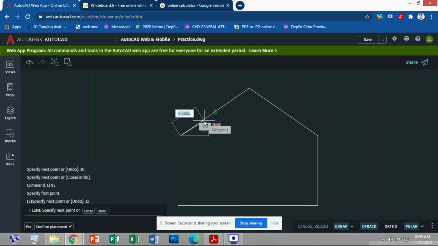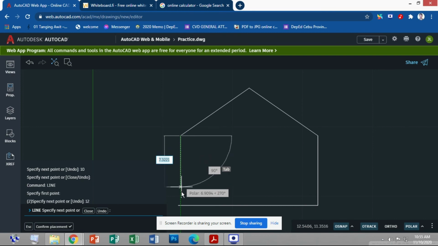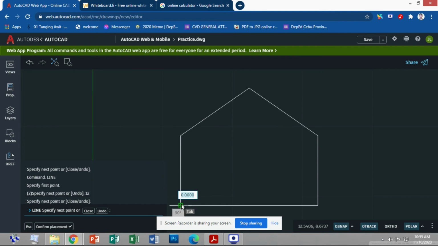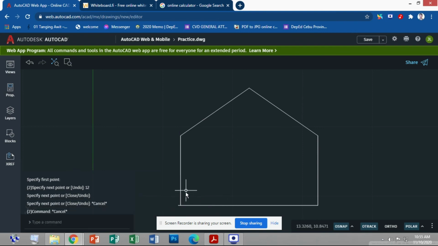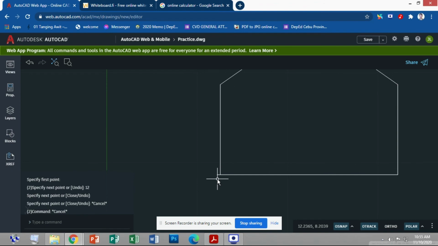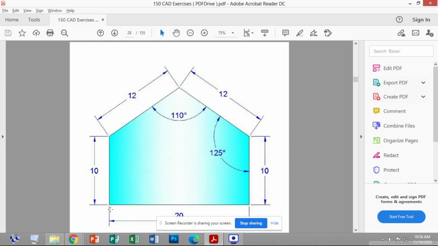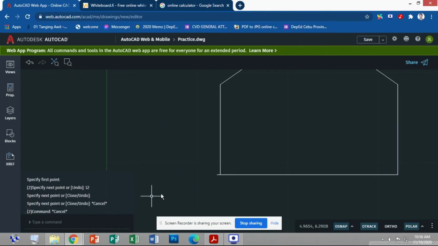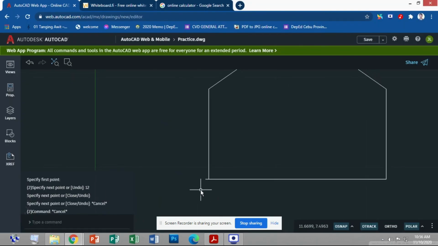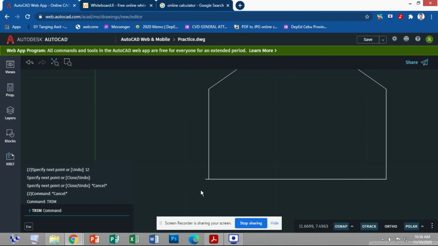Okay. And then, pwede nating isara dyan. Okay. May sobra. No? Pero pwede na nating i-trim yan. Ito exact. Anyway, so let us trim.